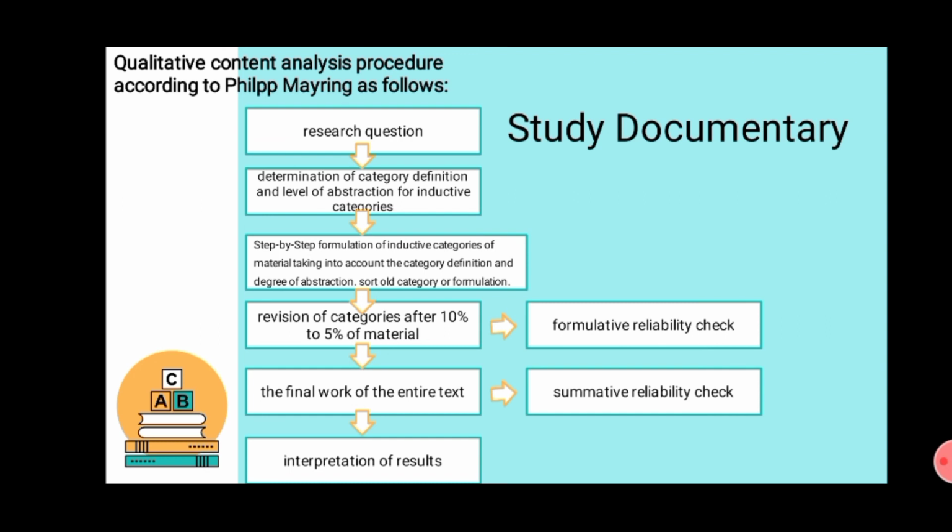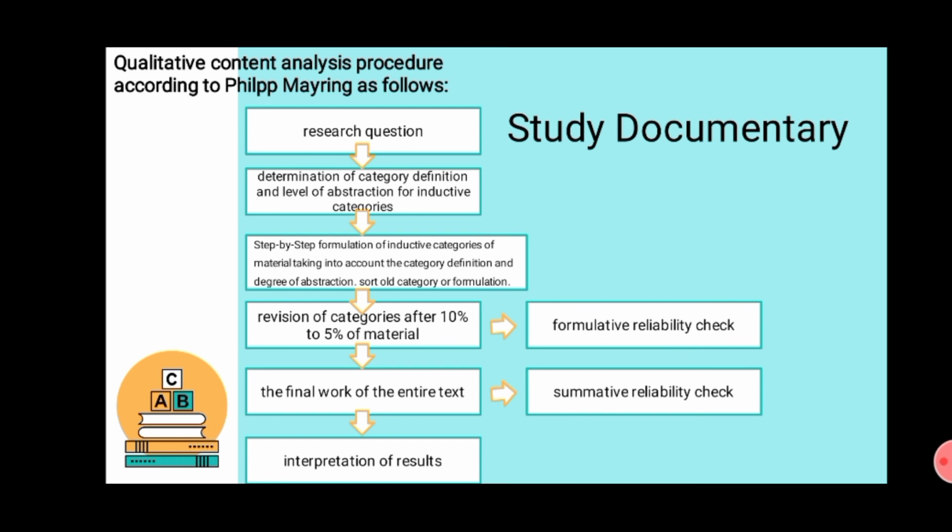In the following, I will show the steps based on Philip Mayring. One, research question. Determination of category definition and level of abstraction for the inclusive categories. Step-by-step formulation of inclusive categories of material, taking into account the category definition and degree of abstraction.